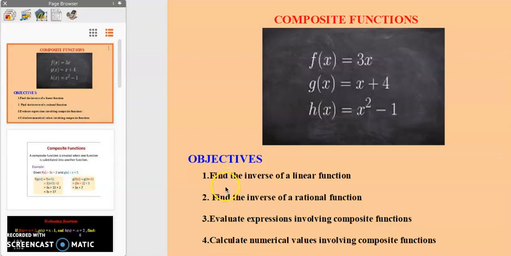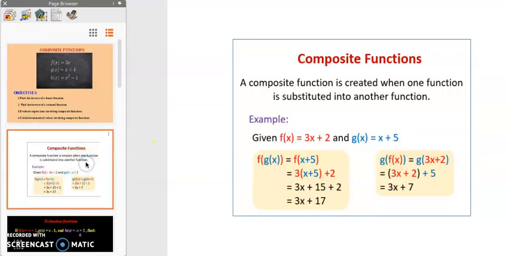We'll be looking at how to find the inverse of a linear function, find the inverse of a rational function, evaluate expressions involving composite functions, and calculate numerical values involving composite functions. The first two have to do with inverses, but I want to cover them in this composite video series that I'm doing. So let's move into this.